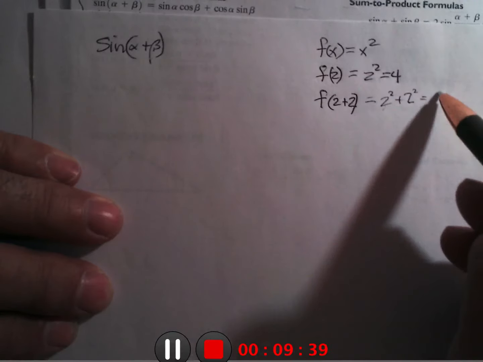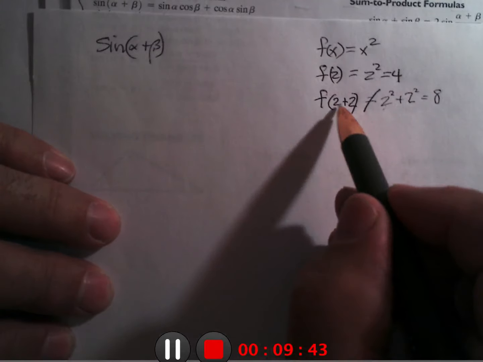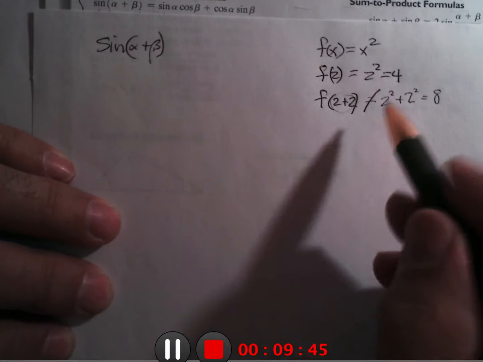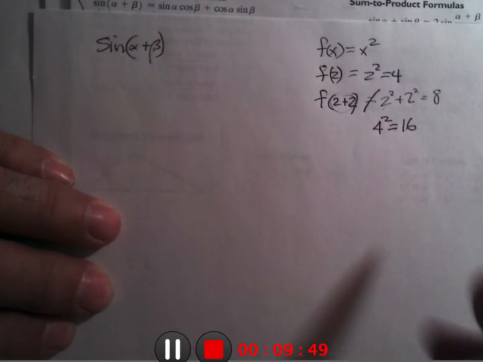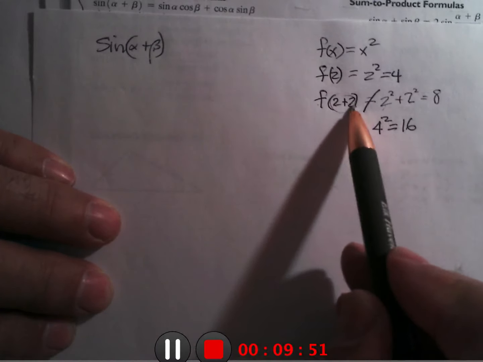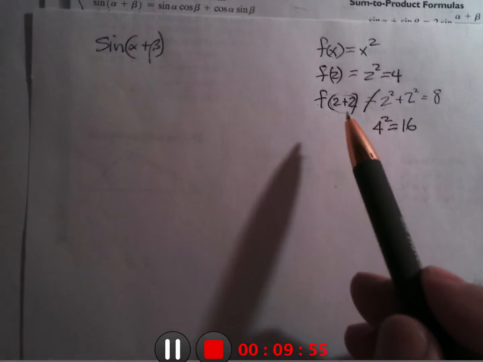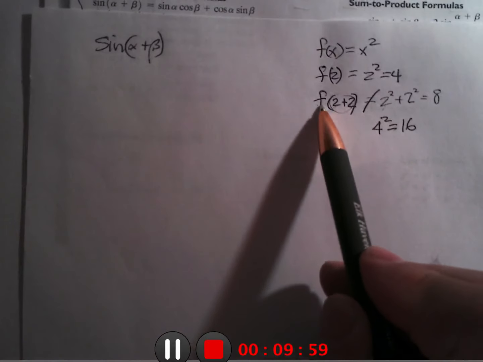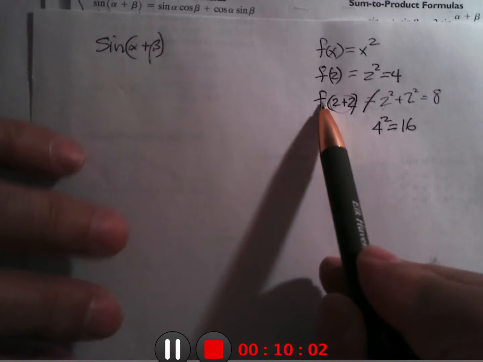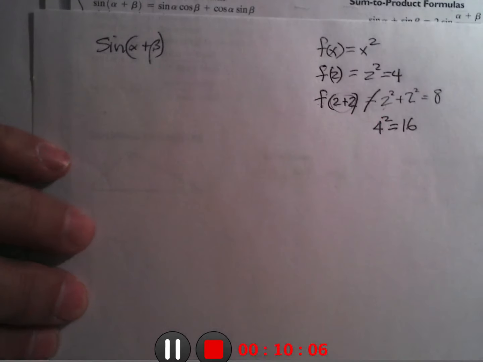But that's not what it is, because 2 plus 2 is 4, and it would be 4 squared, or 16. Functions do not distribute over their argument. There may be an occasional time it works, but there is no rule that says a function will distribute. There are only certain circumstances where it ends up being the same.